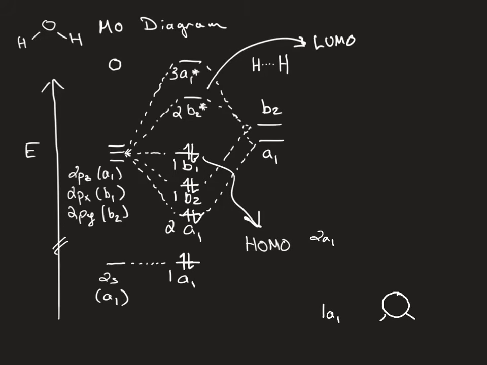The 2A1 was a combination of this SALC from the hydrogens plus the oxygen 2pz. So what it's going to look like is this, with this lobe here on the 2pz overlapping with that in-phase SALC combination.